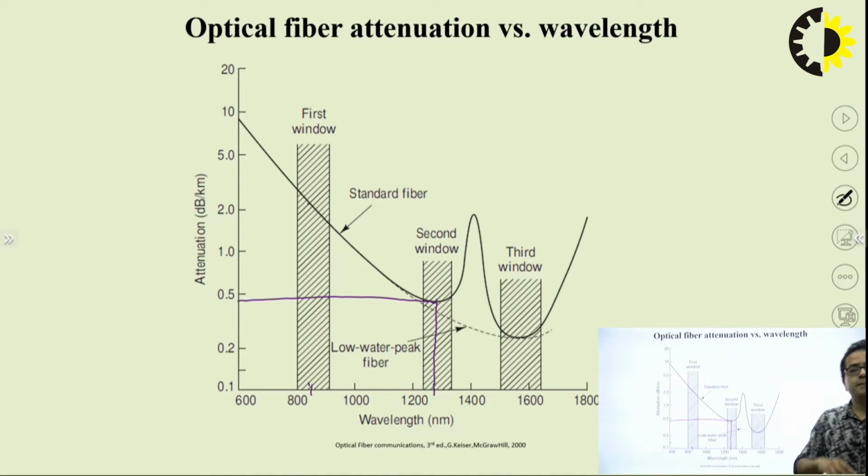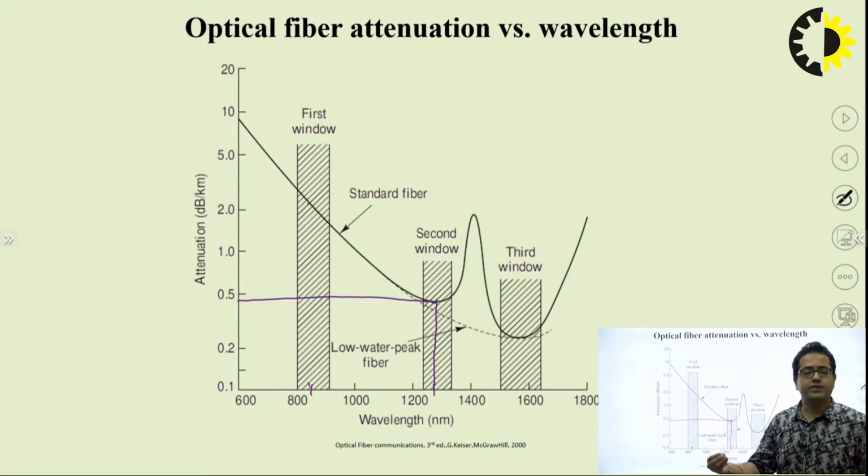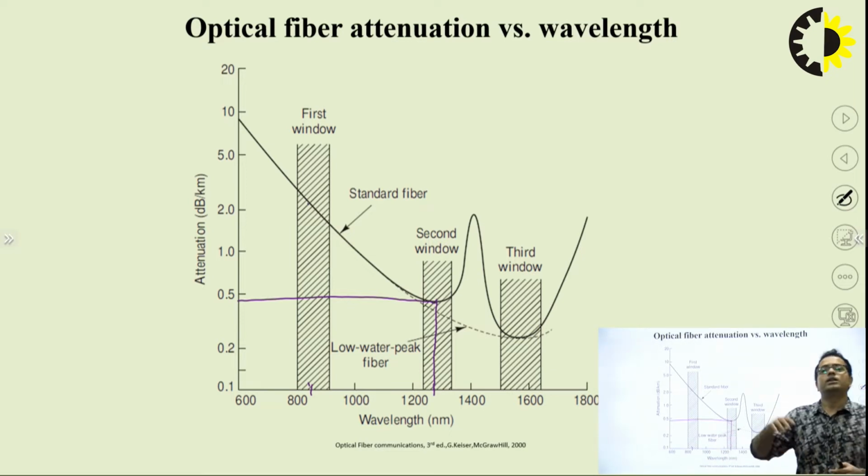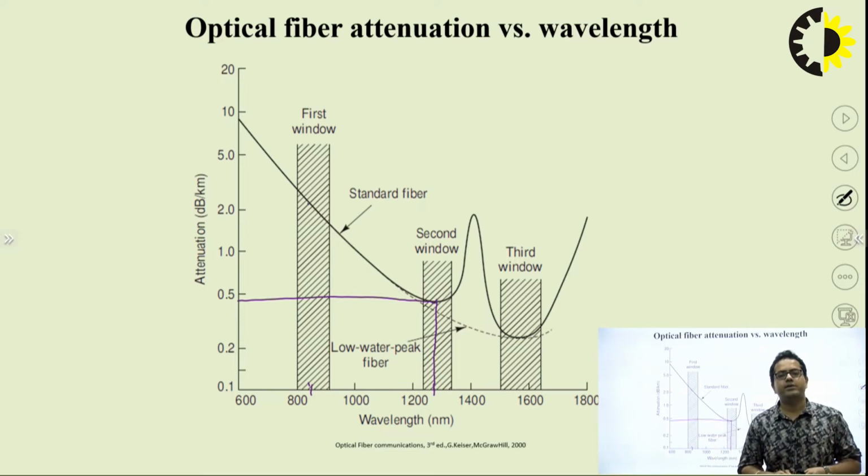After this, the third window is 1550 nanometers. The 1550 nanometer is the wavelength that we are concentrating on, because we want to transmit our information to a farther distance with the least amount of attenuation. That is the wavelength mostly used by optical engineers, because amplifiers and repeaters are also easily available at this wavelength.